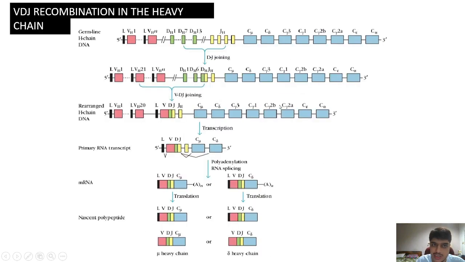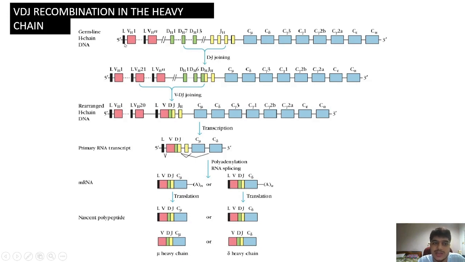Now we see the recombination in the heavy chain. It is almost similar, but a little more complex, and it is called VDJ recombination. So this is the variable segment, diversity segment, and the joining segment. These three segments come together to form the variation in the heavy chains.